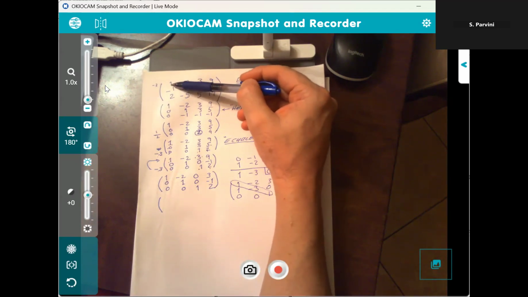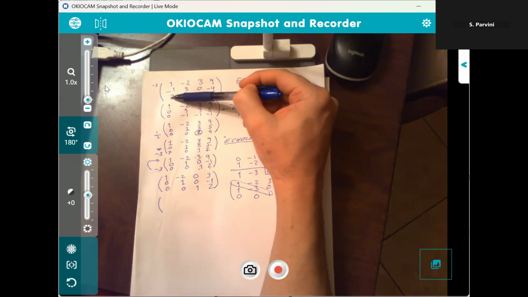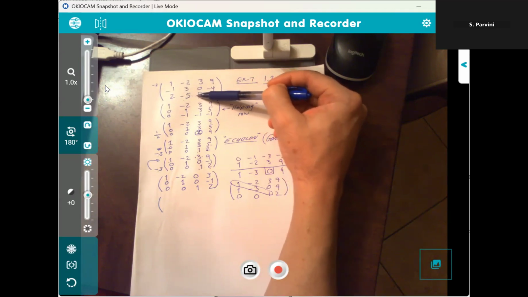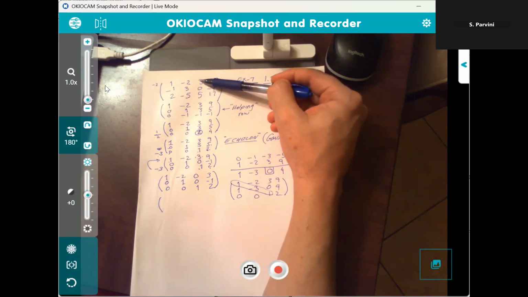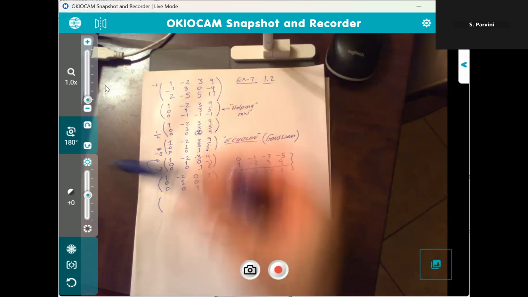It's going to go 1, make this a 0, make this a 0. It's going to go across, create a 1 here. Make this a 0. It's going to cut across, make a 1 here. Then it's going to go up, create a 0, go up, create a 0. Go to the left, create a 0. You see how algorithmic that was?